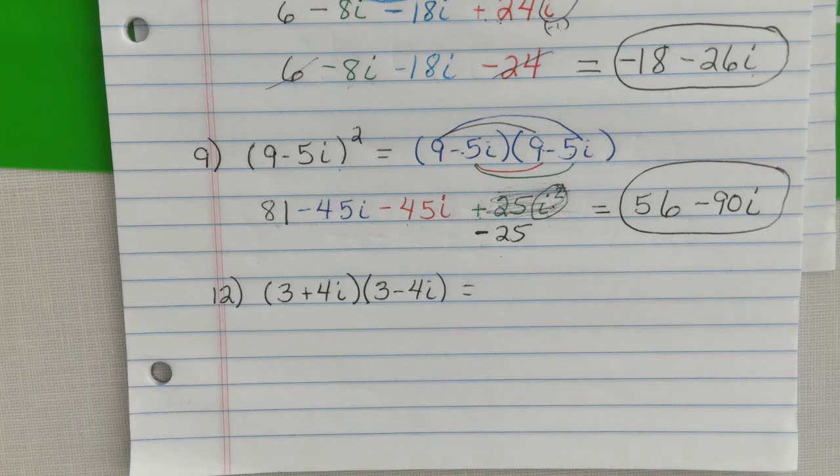I wonder what the logic for that would be. Why would I want to not let you know that this one's like number 12 on your assignment? So 3 plus 4I times 3 minus 4I. Well, FOIL, replace your I squared with negative 1.